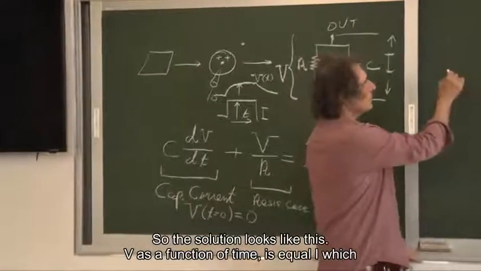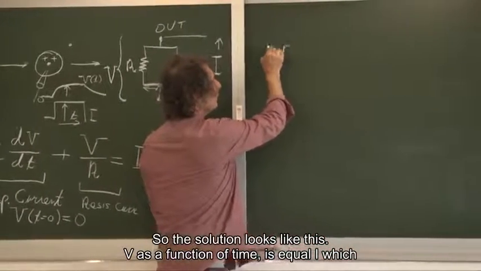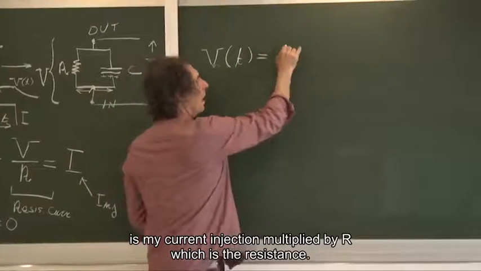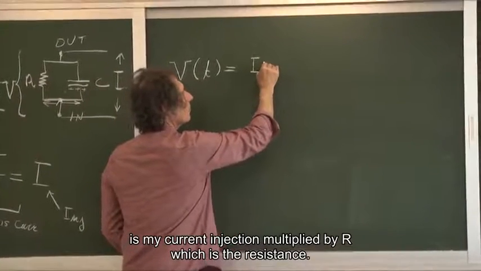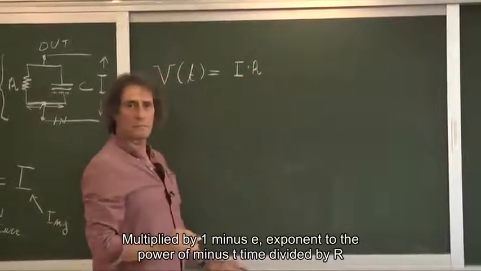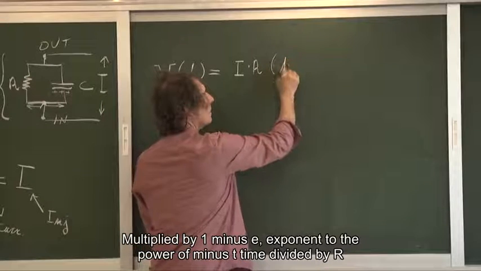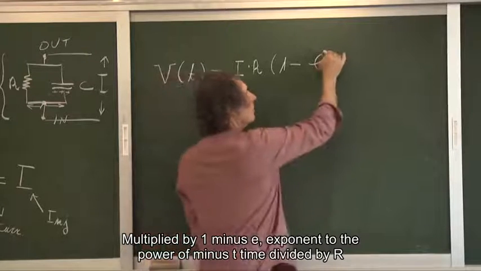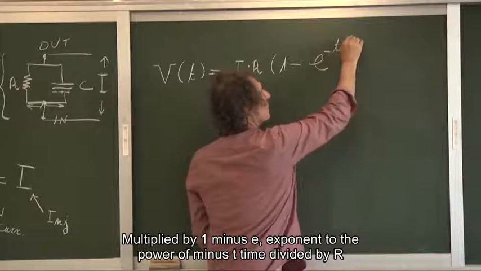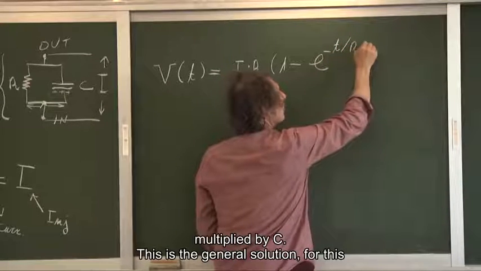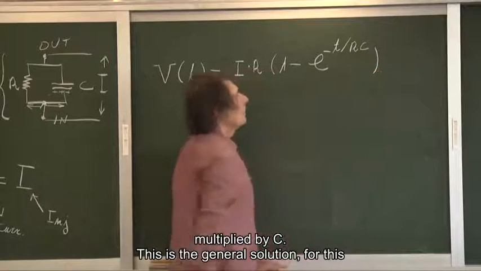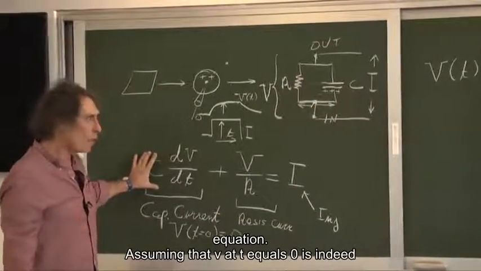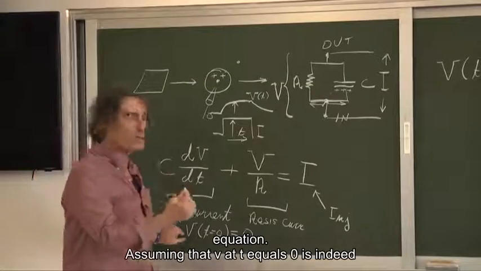The solution looks like this: V as a function of time is equal to I, which is my current injection, multiplied by R, the resistance, multiplied by 1 minus e to the power of minus t divided by R times C. This is the general solution for this equation, assuming that V at t equals 0 is indeed 0.